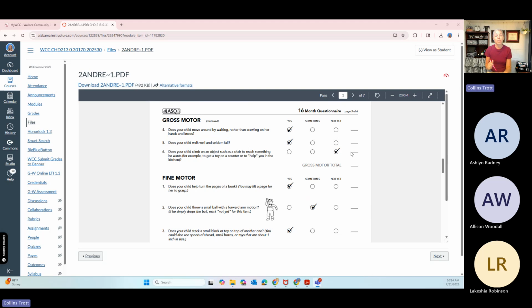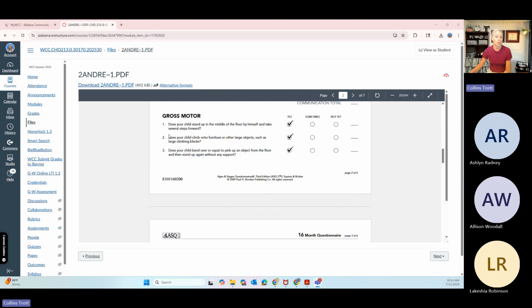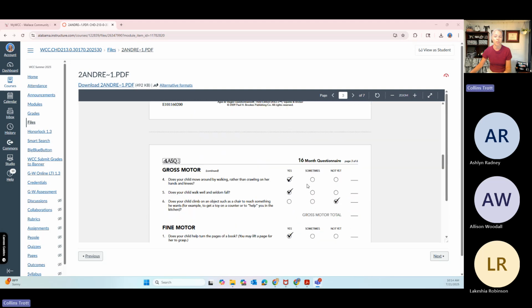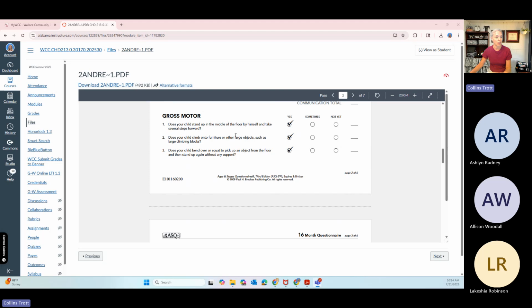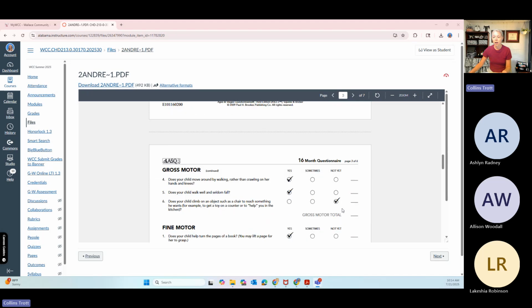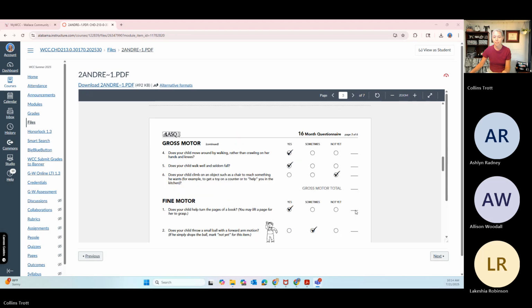Make sure that you're using, remember the first three parts of that gross motor were on that other page. So yes, 20 would be from this page, but we need them from that other one too. Yes, 50. So our gross motor total right here is going to say 50.